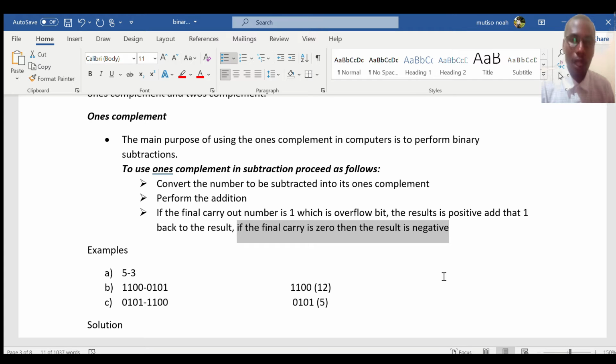You have to invert that number, or get the bitwise complement of that number, which will be 0 0 1 1. You have to get the complement so that you get the correct answer.